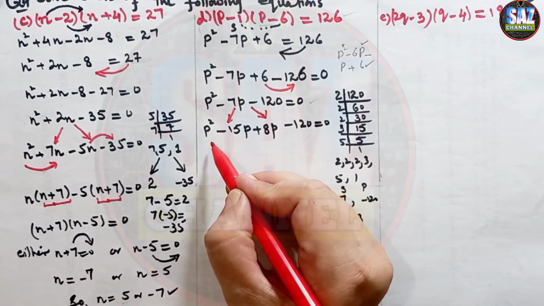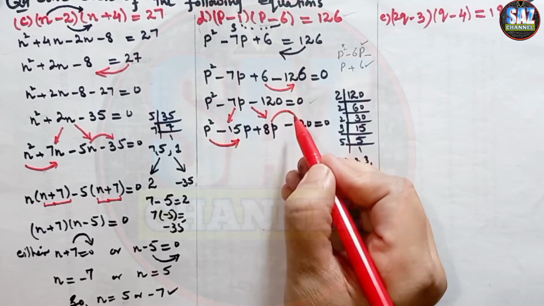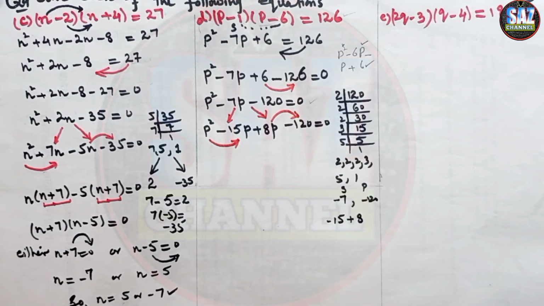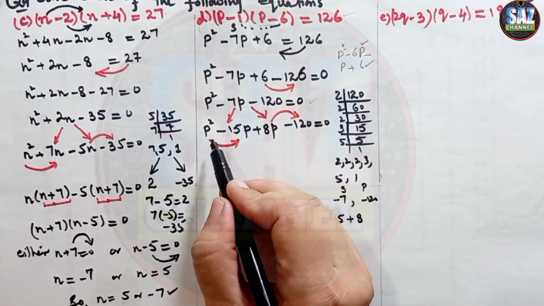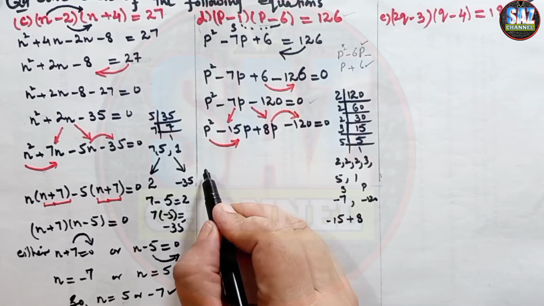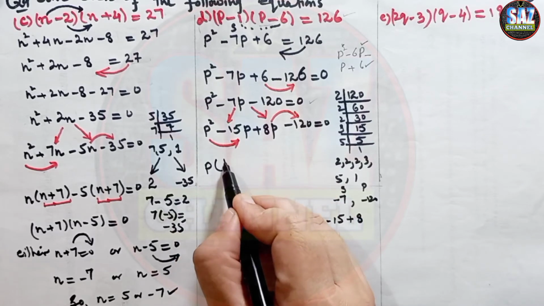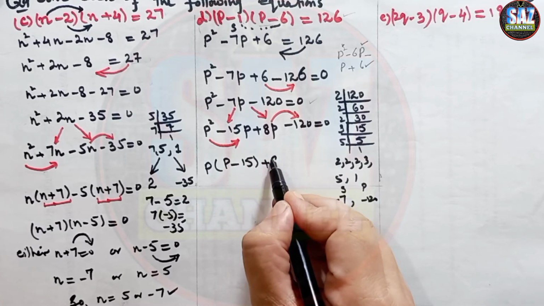That's why this method is called midterm breakage or hit and trial. Okay, then make the groups. From each group, see what is common: p square minus 15p, so p will be the common factor here, and p minus 15, and then plus 8.